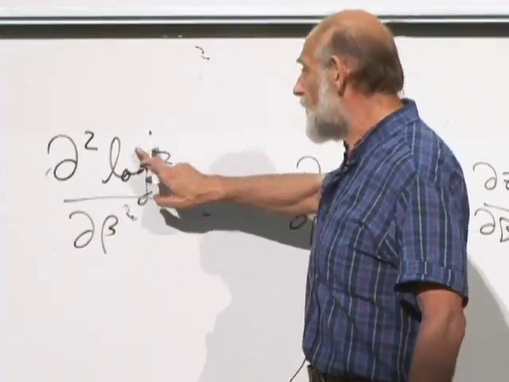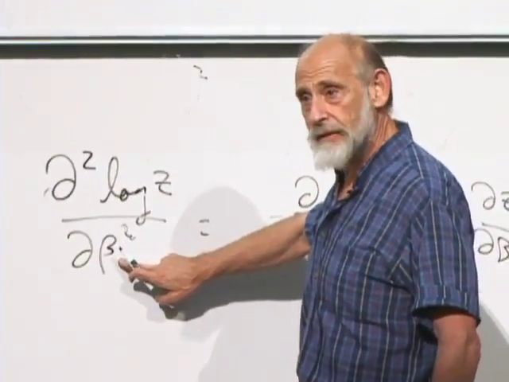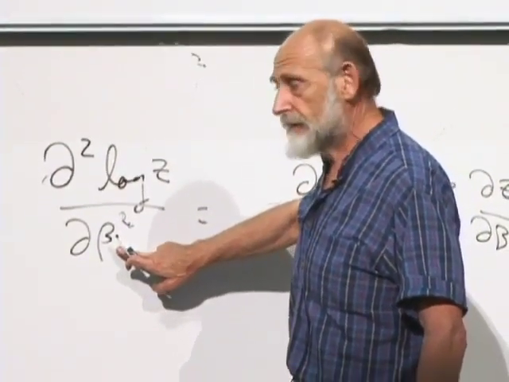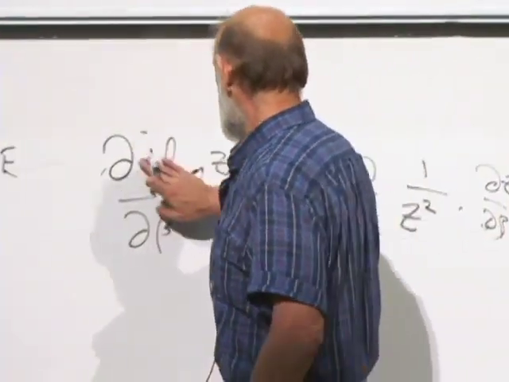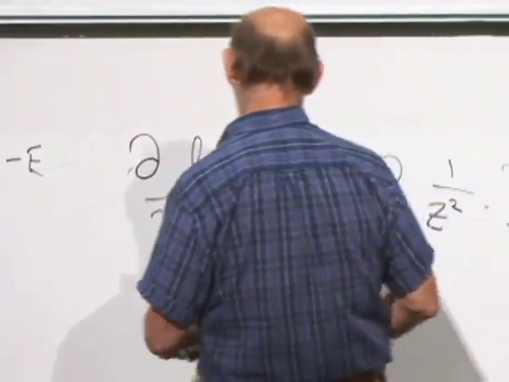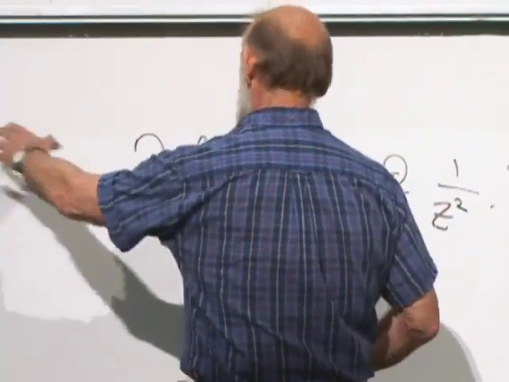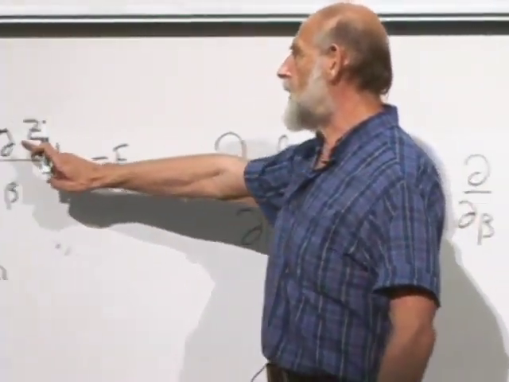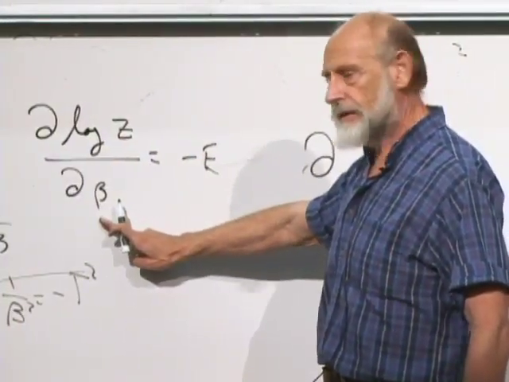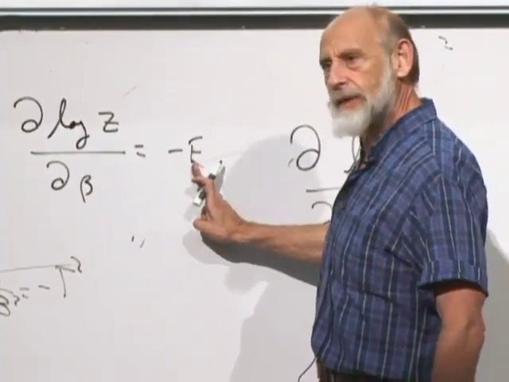So the answer is the derivative of the energy with respect to beta. The equation is right there. The first derivative with respect to beta is just the energy. Right, now I want to differentiate this again with respect to beta. So it's just dE by d beta.